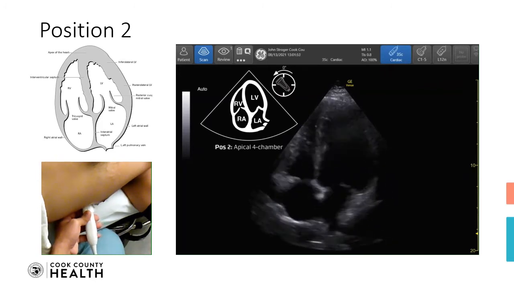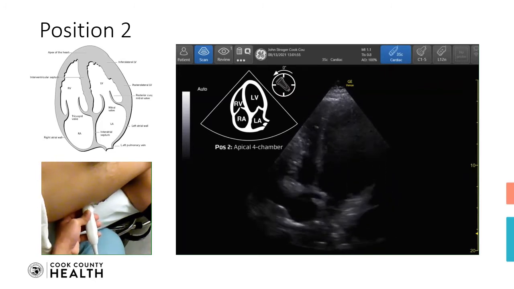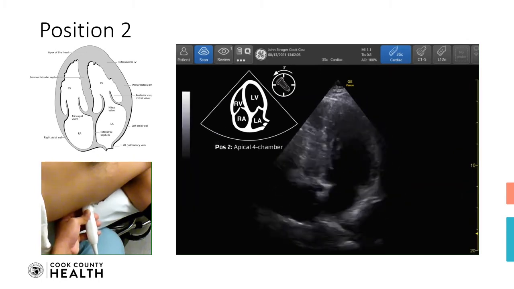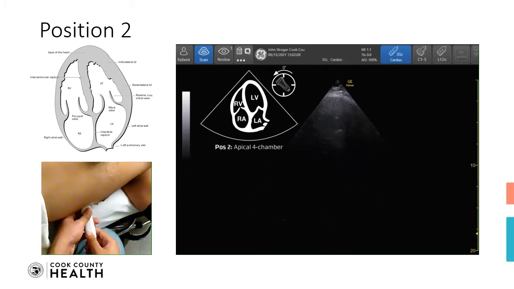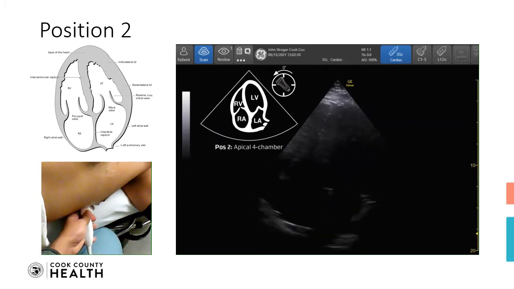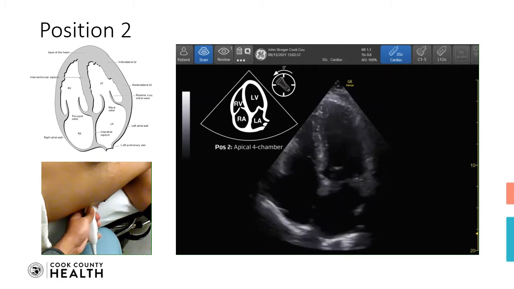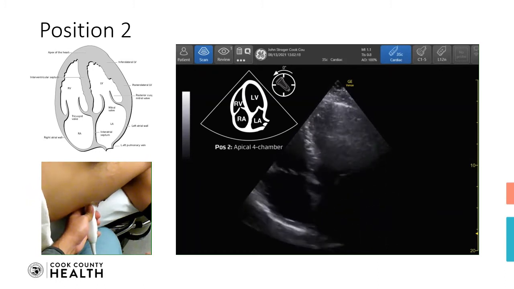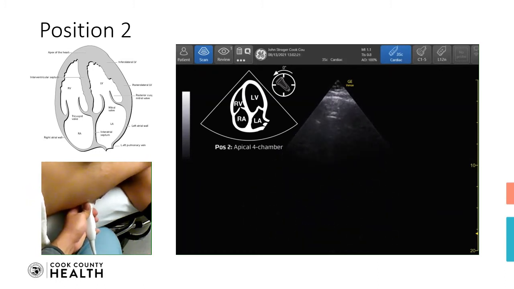Alright, just go to full screen and adjust the gain a bit and go back to full screen. And for this view, getting the patient to take a deep breath and exhale, you might feel it moving as the apex shifts.